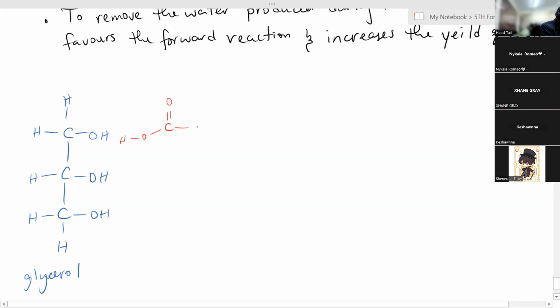C was 1, 2, 3, 4, 5, 6, 7, and I put my hydrogens here. H, H, H, H. Nice. So we have the 2 of them here. This is heptanoic acid.